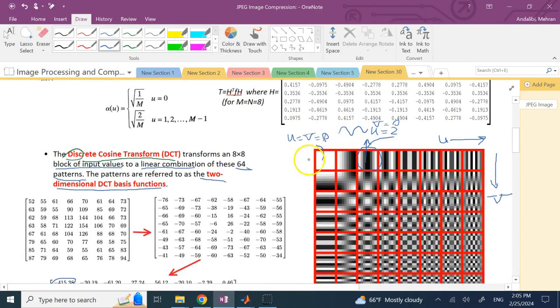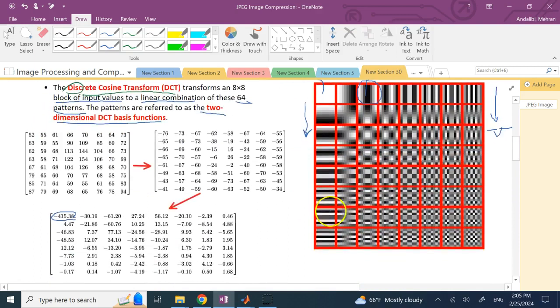The same thing happens in this direction where u is 0 and v is not. Let's say, for instance, this one here. Here, u is 0, but v is 5. And so now you have big frequency, big oscillations in the y direction. And finally, when you come here in the middle, let's say this one here, you have u equal v equal 6, so you have variation in both x and y.